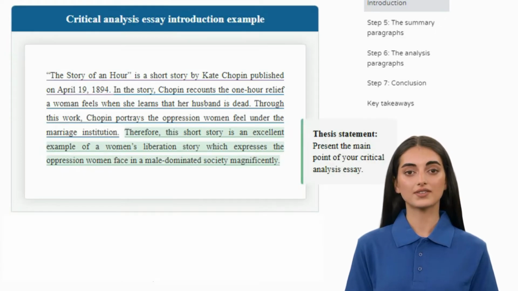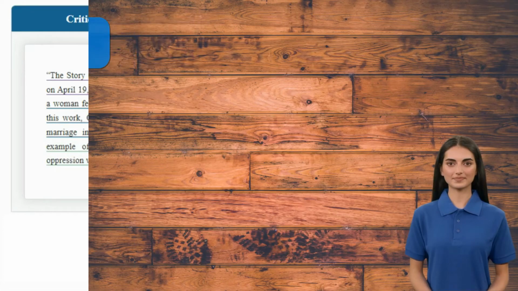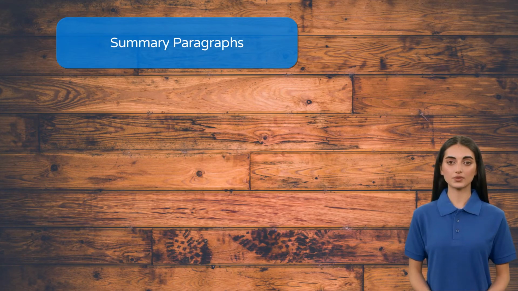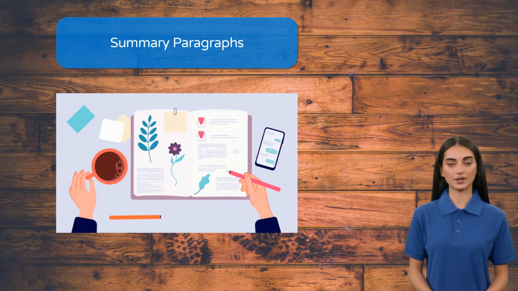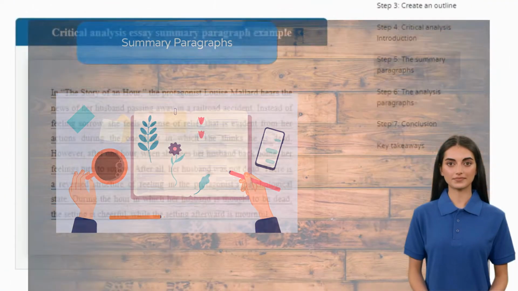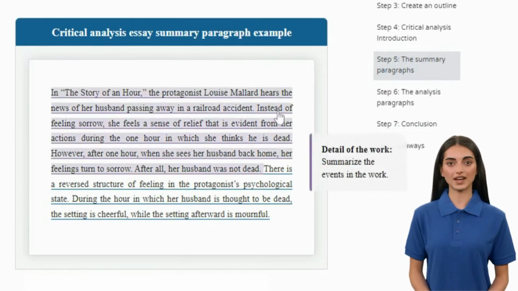In the next section, we'll take a look at the summary paragraphs, which are necessary for a well-written critical analysis. When conducting a successful critical analysis of a subject, particularly analyzing literary works or movies, it's essential to begin with an effective summary. Let's now review an example of a summary paragraph for critical analysis, followed by a helpful checklist.